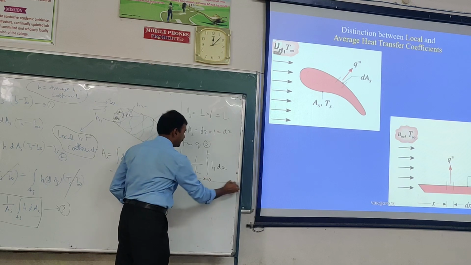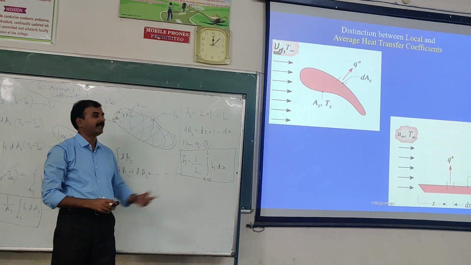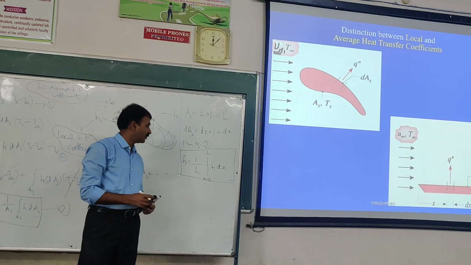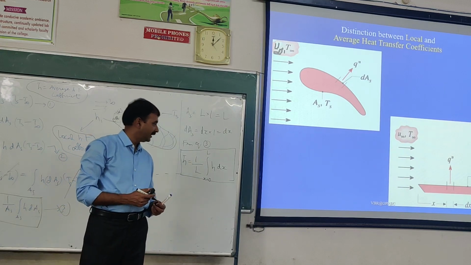So this is a simplified version for a specific geometry like this: h bar is equal to 1 by L into integral x equals 0 to L of h dx.